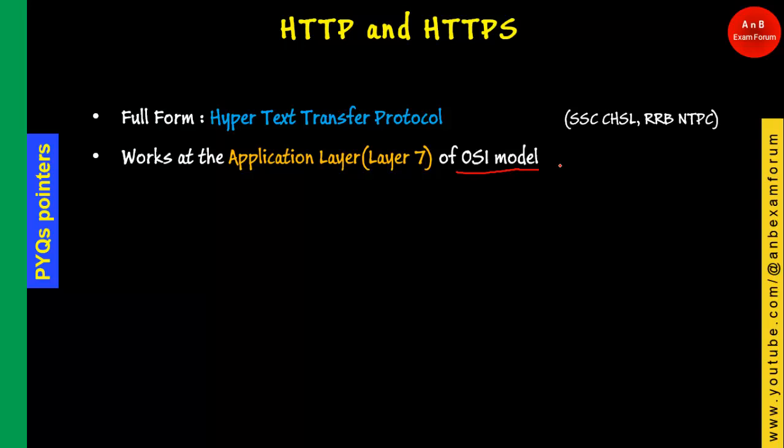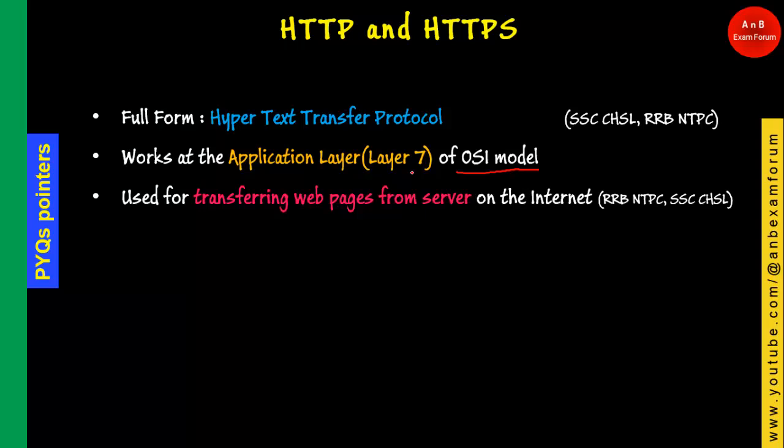Okay, that is 5 layers, but corresponding to that there is another model called Open Systems Interconnection model. Okay, that is the OSI model. Okay, and the OSI model has 7 layers, and the topmost layer is the application layer, and these two protocols work at the application layer, that is layer 7.